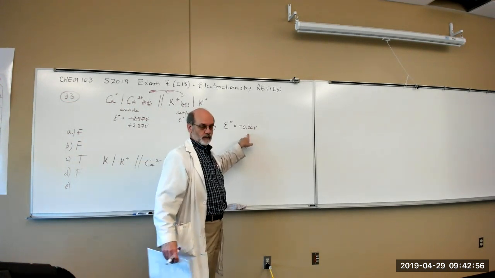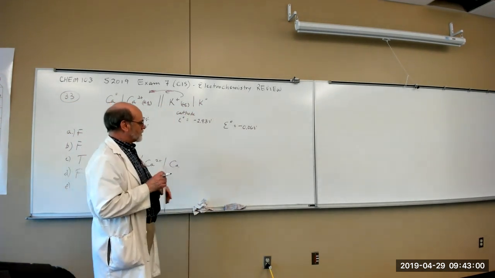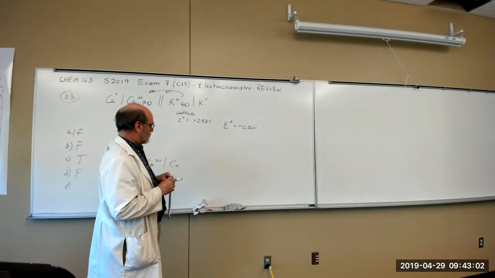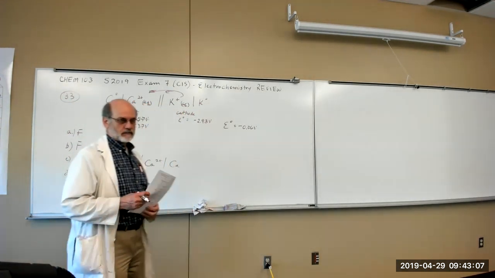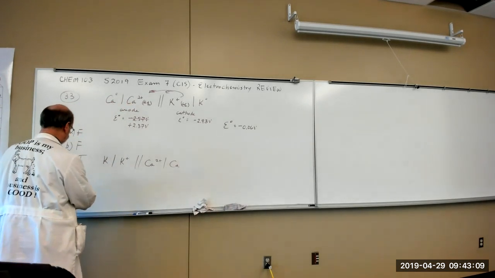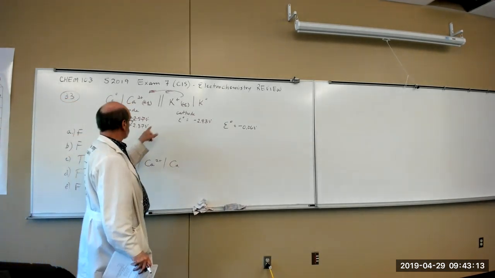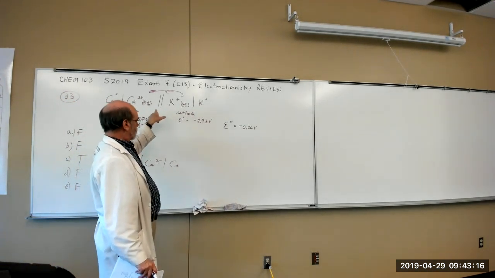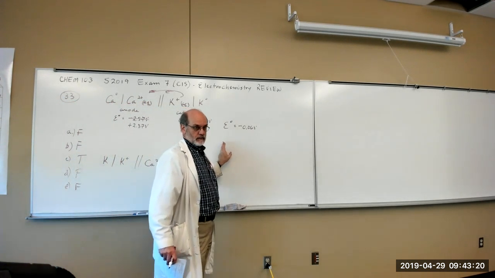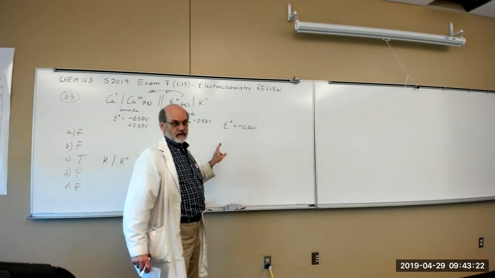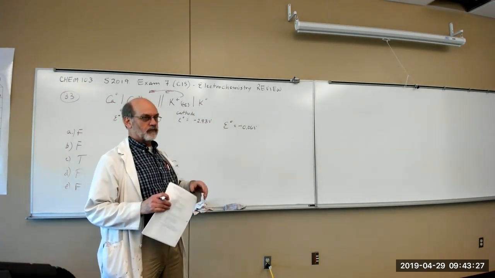I mean, it might be negative this way, but the only time the cell is at equilibrium is when the voltage is 0. Now we could adjust the concentrations in such a way that the actual voltage would be 0. If that were the case, then the cell would be at equilibrium, if the actual voltage is 0.